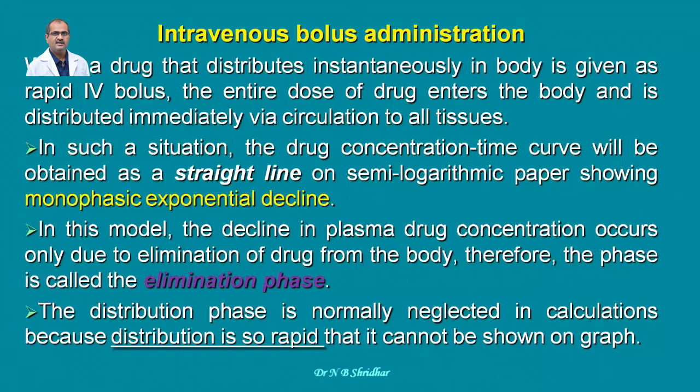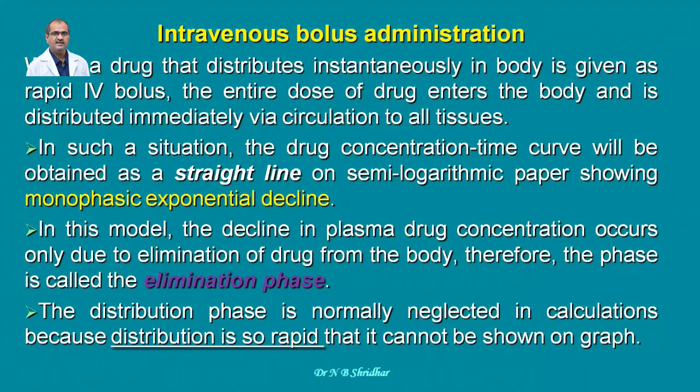In such a situation, the drug concentration time curve will be obtained as a straight line on semi-logarithmic paper showing monophasic exponential decline. Means if you administer a drug to the animal, there will be peak absorption or 100% absorption in the IV bolus route.